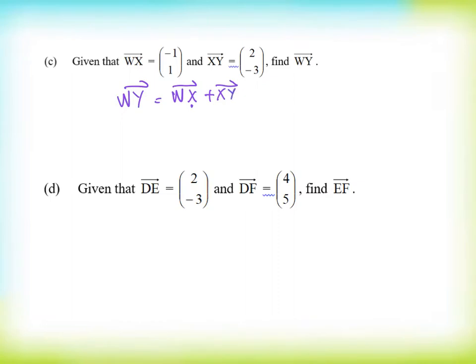Only to Y. So I started off at W, end off at Y. That gives me a vector WY. So using our column vectors, we'll have negative 1, 1 and 2, negative 3. We'll add up to a total of 1, negative 2. This will be the answer.